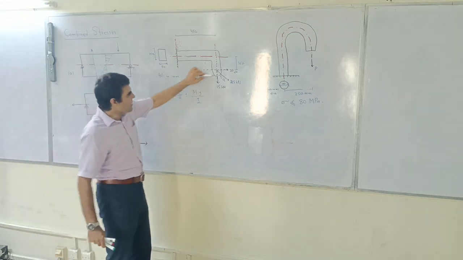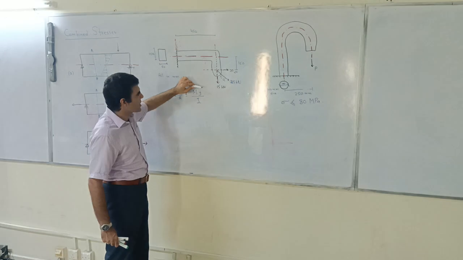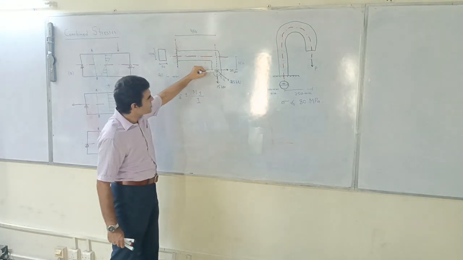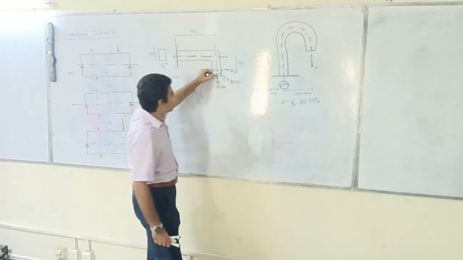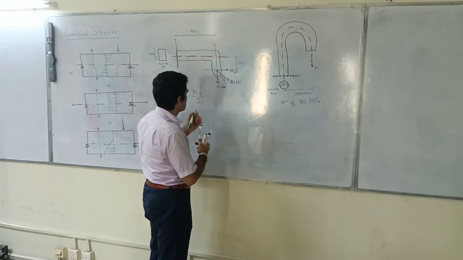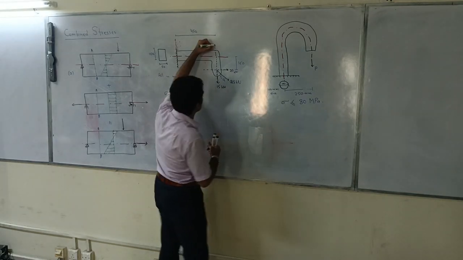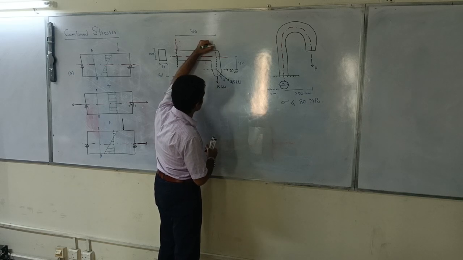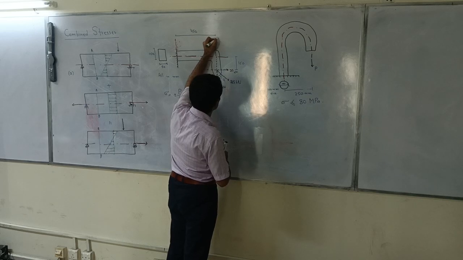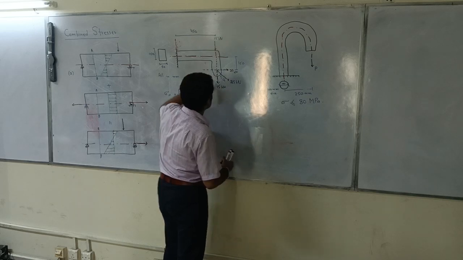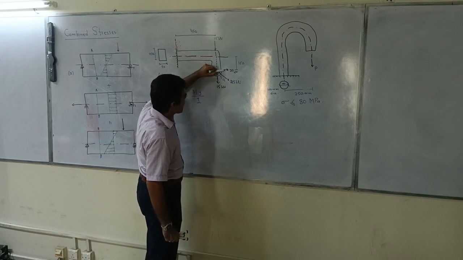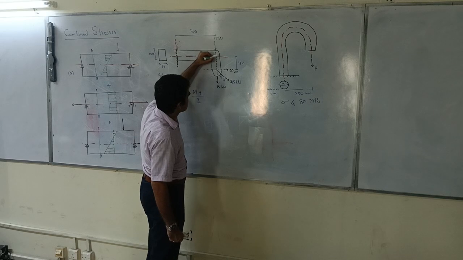Now, you have to transfer this force to this point. So, in other words, you have a couple. So you have a 15 kilonewton in this direction, and a 20 kilonewton in this direction.